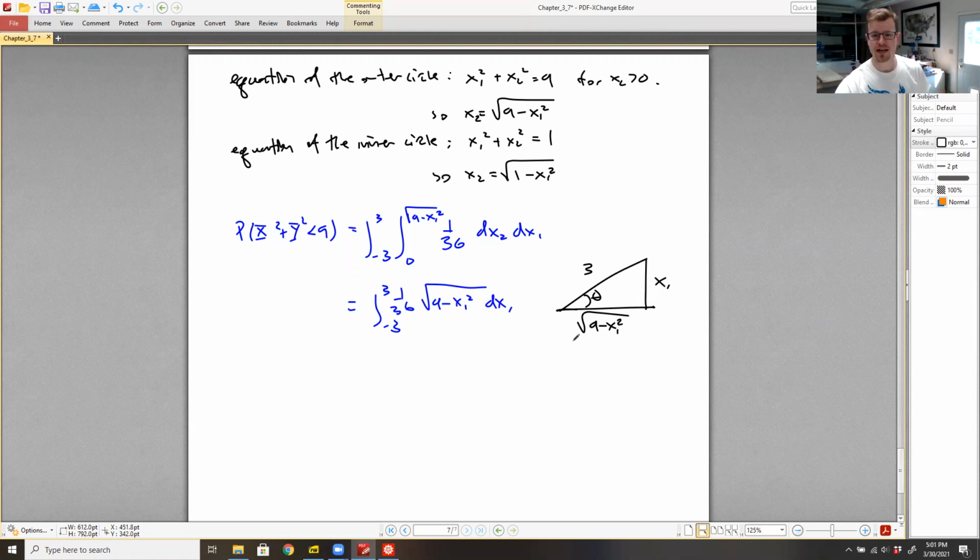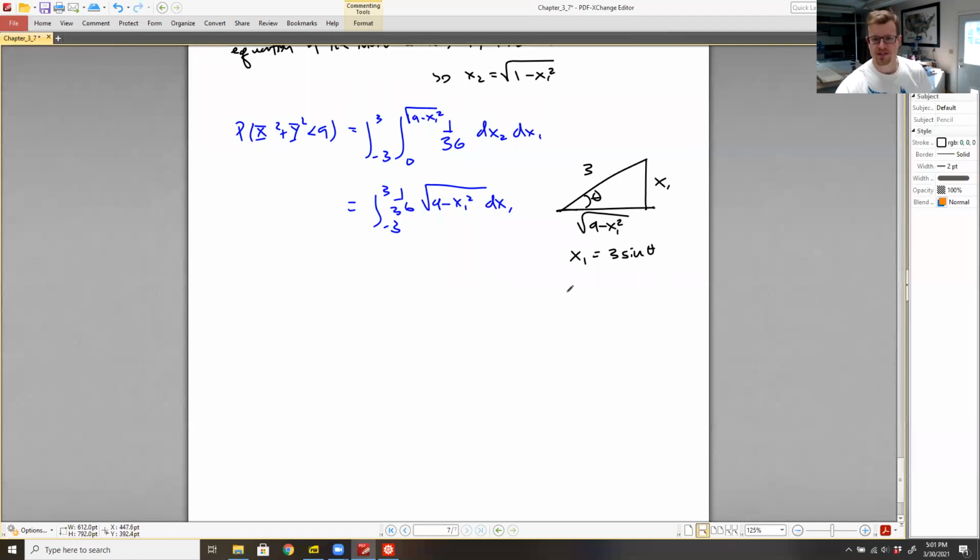So x1 is equal to 3 times the sine of theta, which you could find out by asking, what's a trigonometric function that relates x1 and 3? Oh, sine does. Sine of theta is x1 divided by 3, so x1 is equal to 3 times sine theta. And that gives us dx1 is equal to 3 times cosine theta d theta.